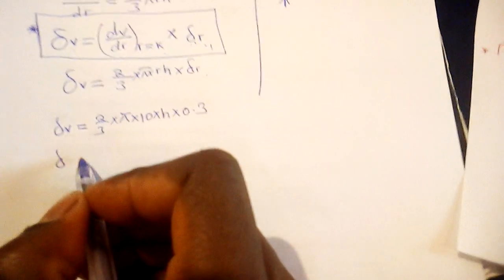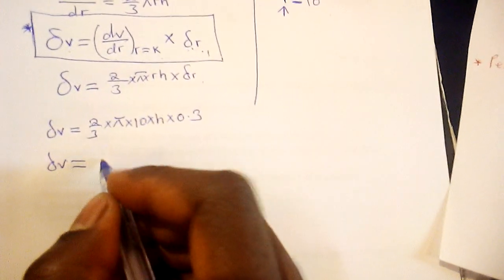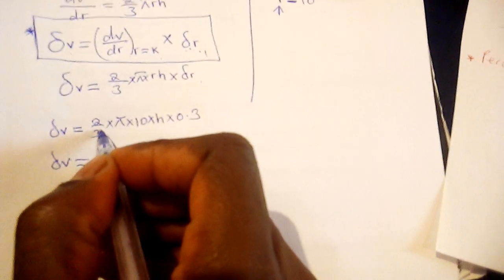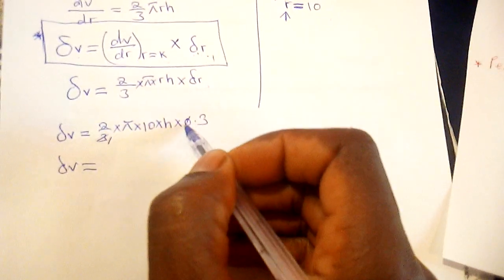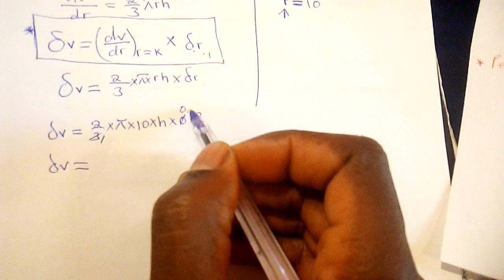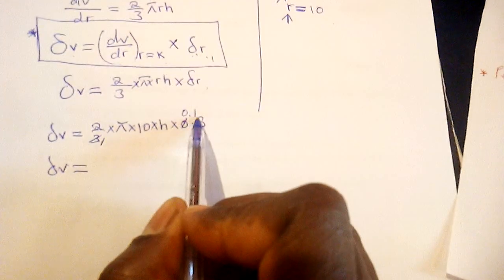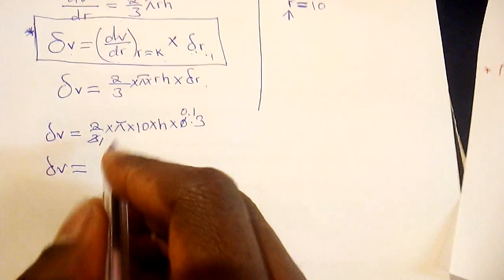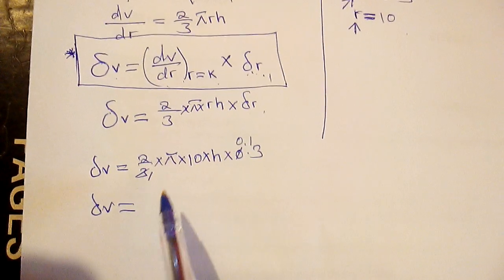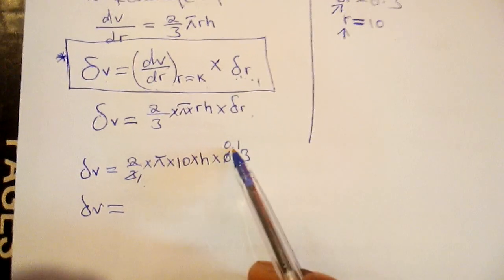Once this is done, we simplify this further. Change in volume is going to have 3 into 3 is 1, 3 into 0.3 is 0.1.